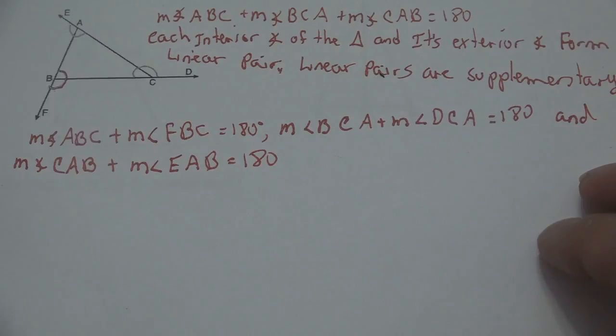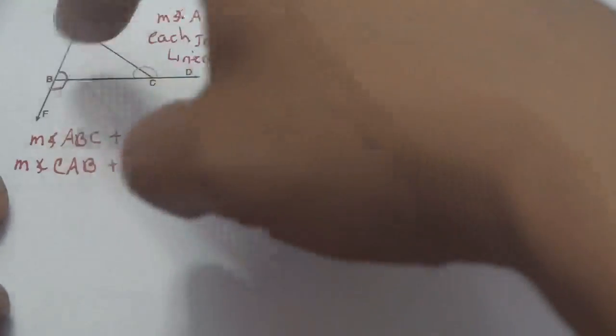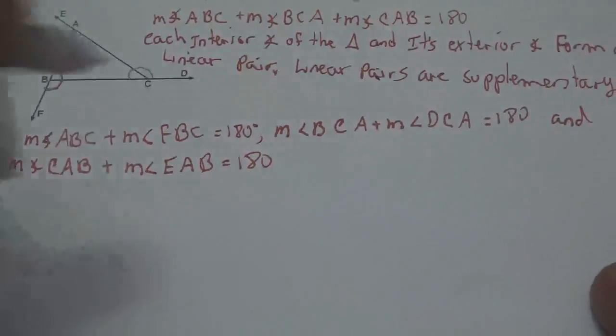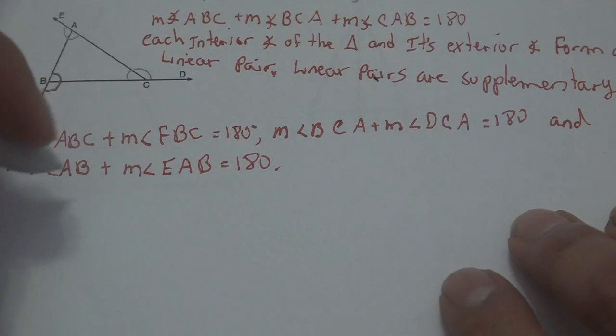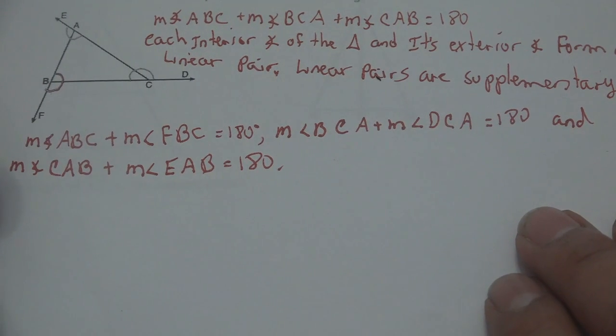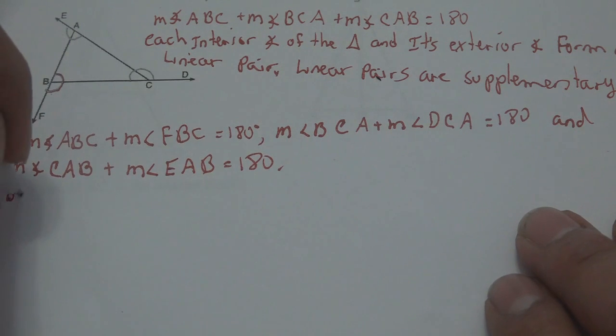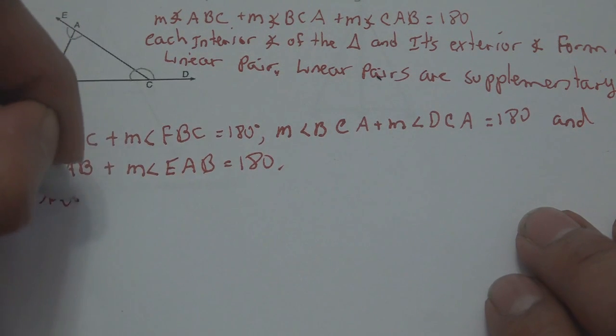Okay, finally. So I said that all linear pairs are supplementary and that they all add up to 180. All right then, so what else do I need? Well, by addition, okay, so I'm gonna write another sentence.